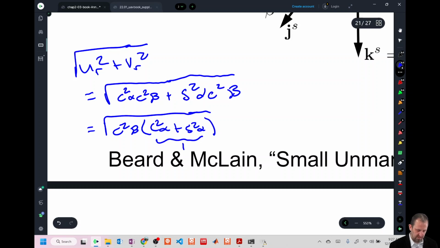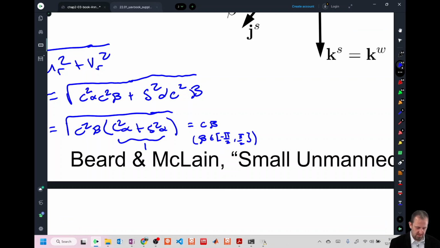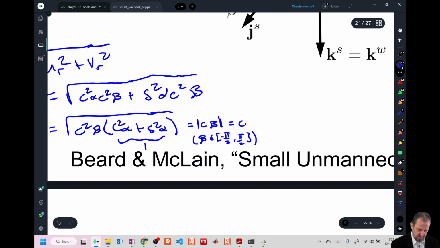So we end up having the square root of cosine squared beta, which is equal to cosine of beta, as long as beta is in negative pi halves to pi halves. Right? Because cosine is an even function, it's actually equal to the magnitude, but this equals cosine of beta if beta is between negative pi halves and pi halves.